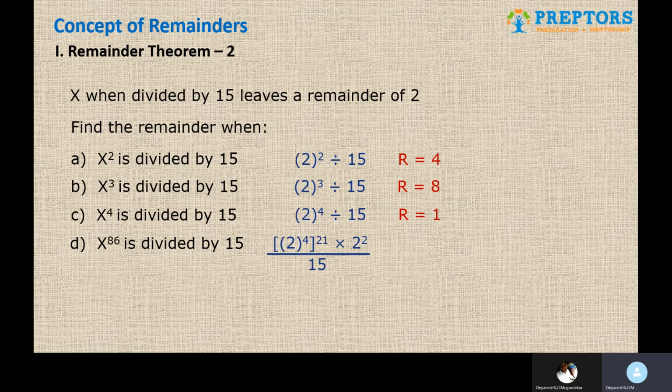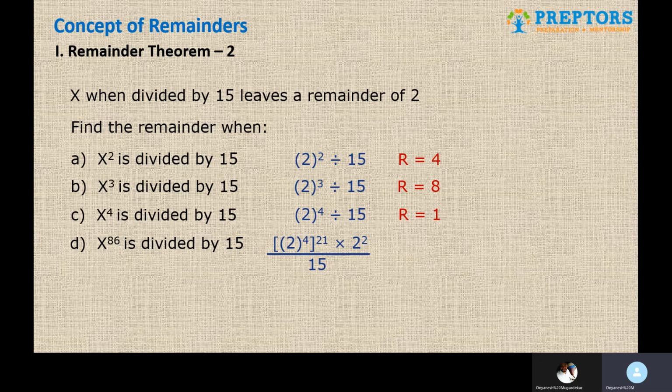In simpler words, in this question, we are going to figure out which power of 2 when divided by 15 will give us the remainder either plus 1 or minus 1. Both will work. And just now in the third question we had seen that x raised to 4, that is 2 raised to 4, divided by 15 gave us the remainder as positive 1. That is why we are trying to split this 86 as a multiple of 4. Obviously 86 is not a multiple of 4. The nearest multiple of 4 is 84, and that is the adjustment you can see.